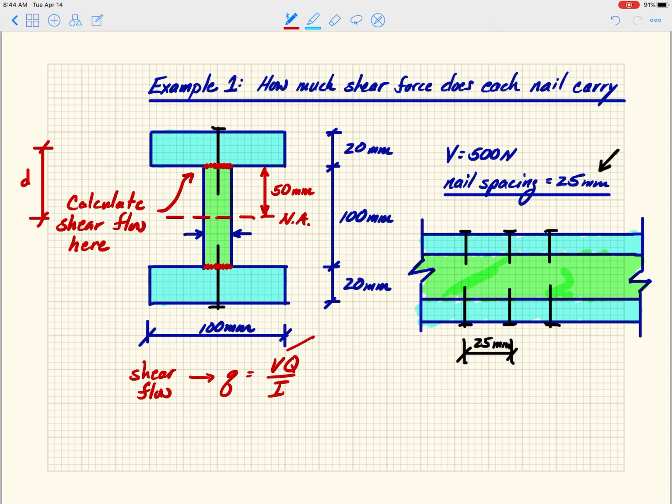That V is shear force, the vertical shear force on the cross section, and that's given up here as 500 newtons. Q is the first moment of the area.